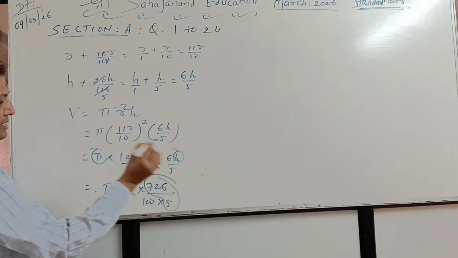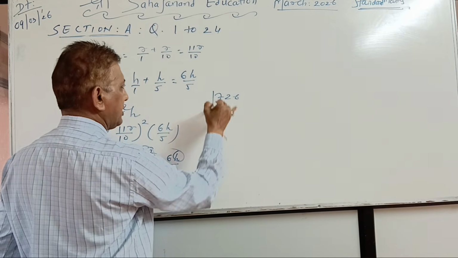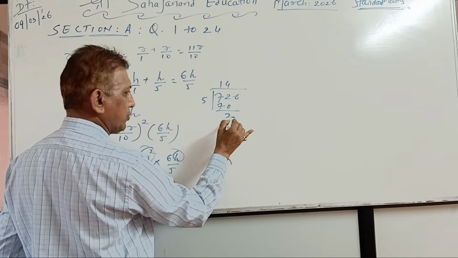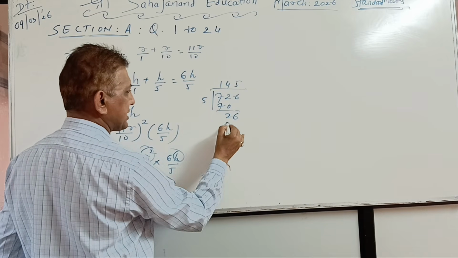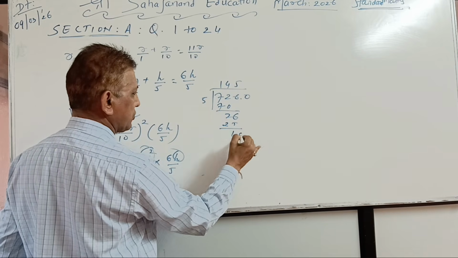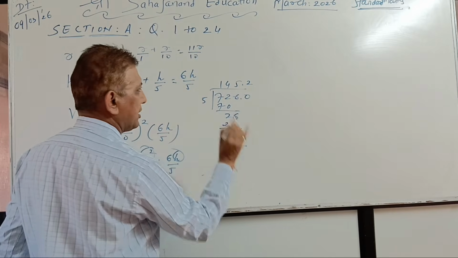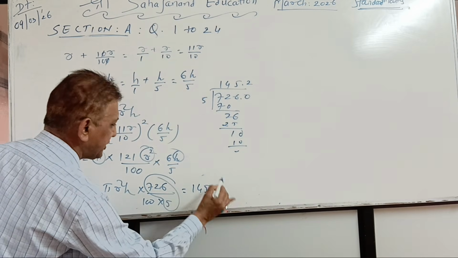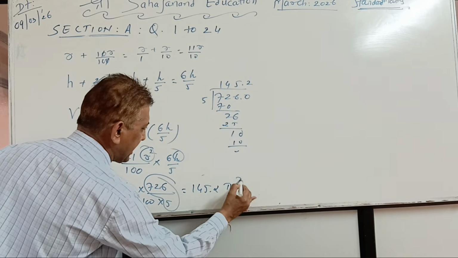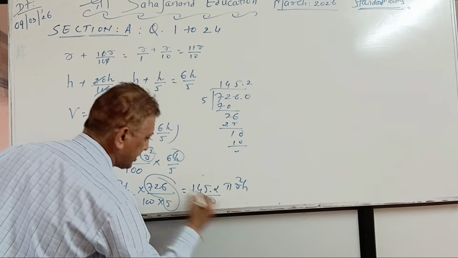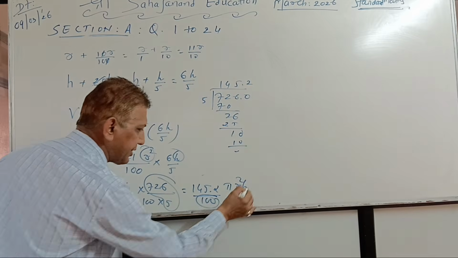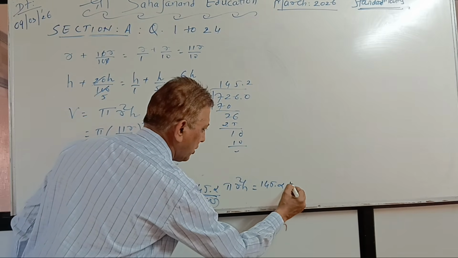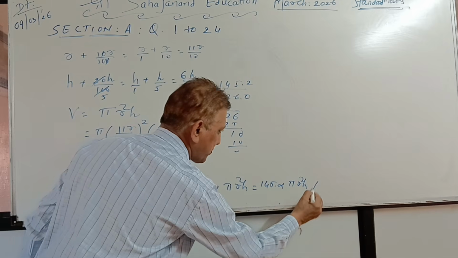Now take the division, 726 upon 5. Divide. 14 5s are 70, 2, 26, 5 5s are 25, 1, 0, 0, 5 2s are 10. So 145.2. So 145.2 pi r square h upon 100. Now 100 cancels, that means the percentage sign. 145.2 pi r square h percentage.